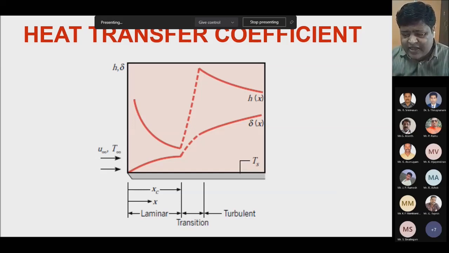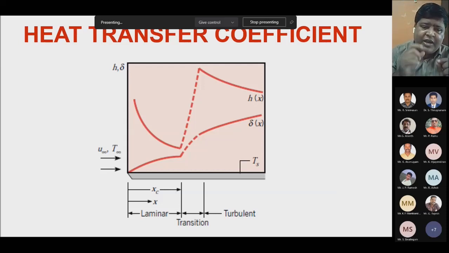Whereas when you want to calculate heat from a particular length of a plate, you have to take the local heat transfer coefficient, because obviously the formula for Q is h A delta T. So if you are calculating Q, you need h, you need A, and delta T is the temperature difference between the plate and the fluid, and A is the surface area.